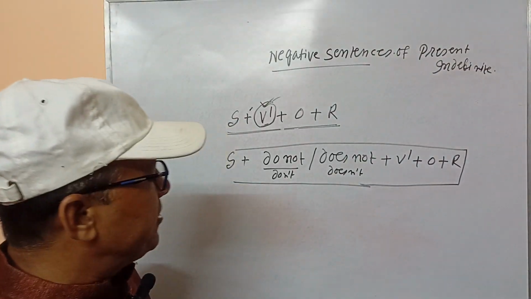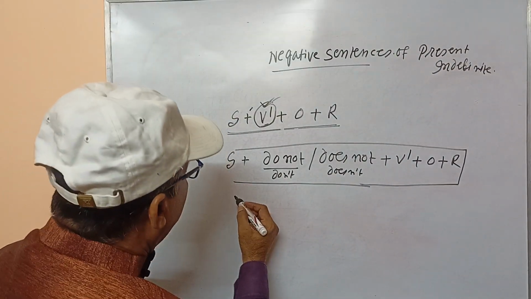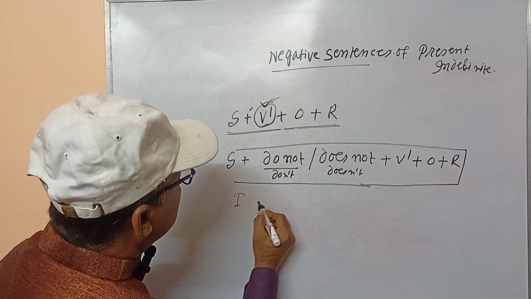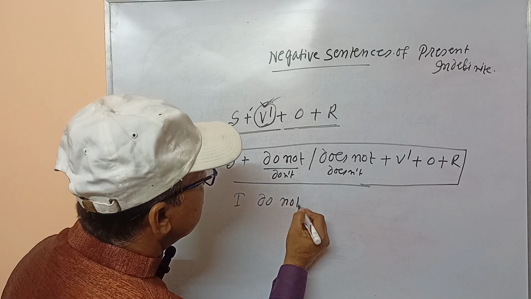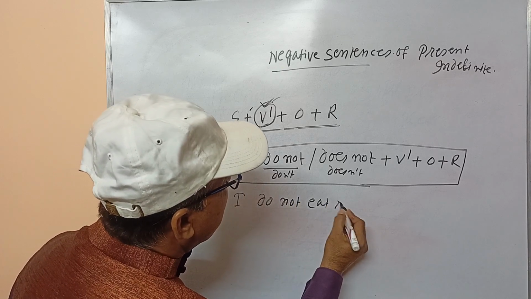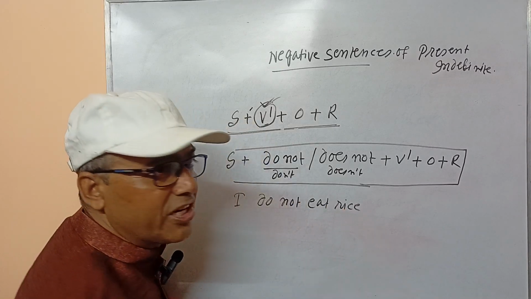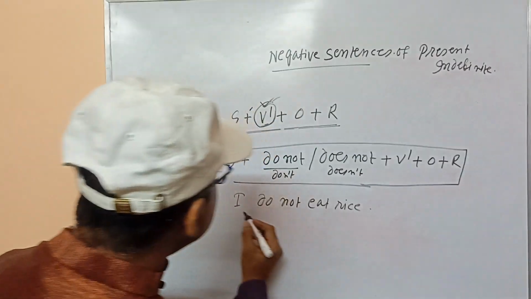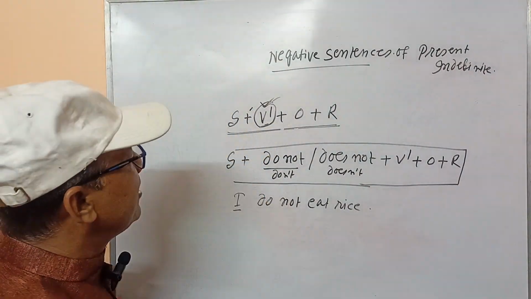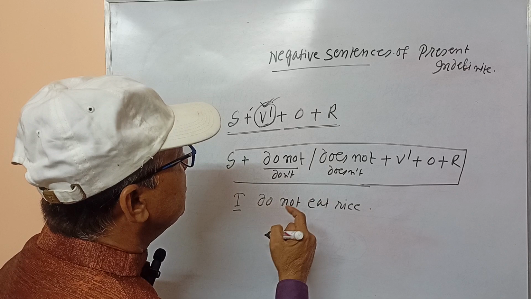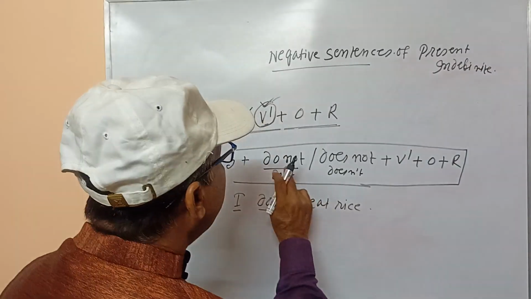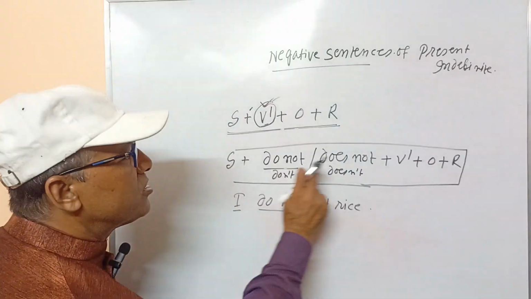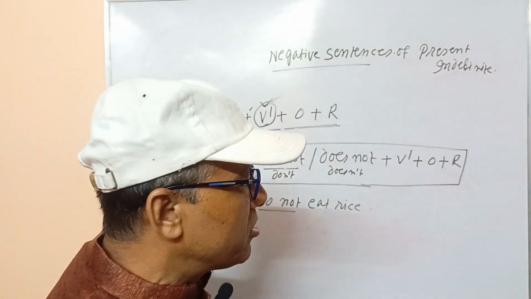See the examples. I do not, or I don't, you can say I do not eat rice. Here, subject I have taken I, and then do not I have taken. You have to understand where we should use do not, where we should use does not.